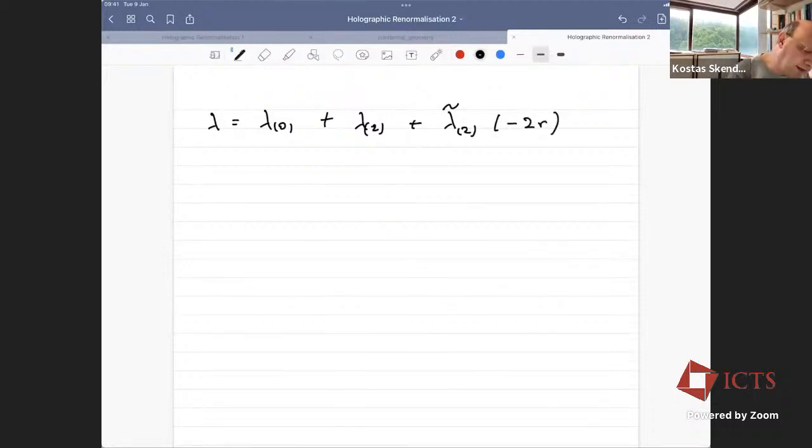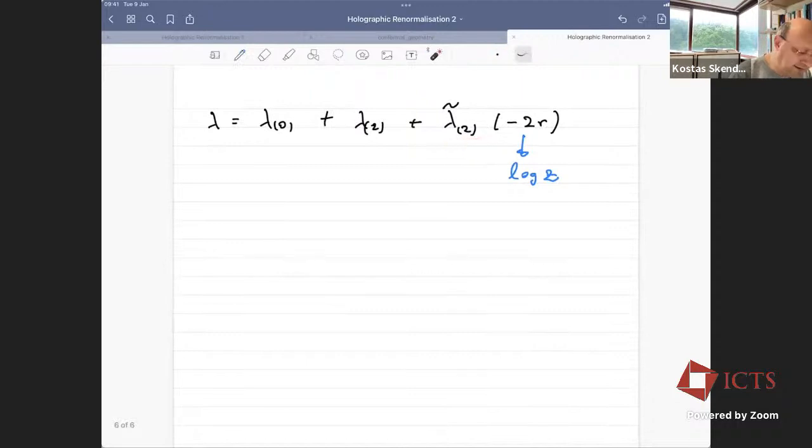So this minus 2r, if I write it in the z coordinates, would be like log z. So this is a logarithmic piece. This will be associated with the anomaly. Actually, this will turn out to be the anomaly in a few minutes. Now we have the transformation of lambda 0 is 0.